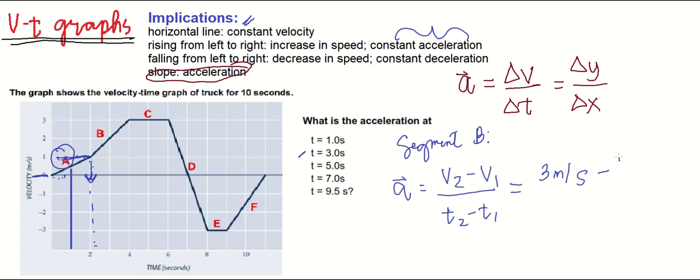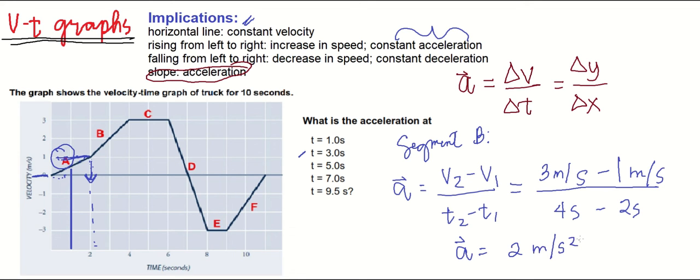We have 1 meter per second. And then divided by, ano yung katapat na time ng 3 meter per second? That's 4 seconds. Minus, ano yung katapat ng sa 1? We have 2 seconds. So we simplify, you get the value of 2 meter per second squared. Do not forget the unit when you are solving. Alright?